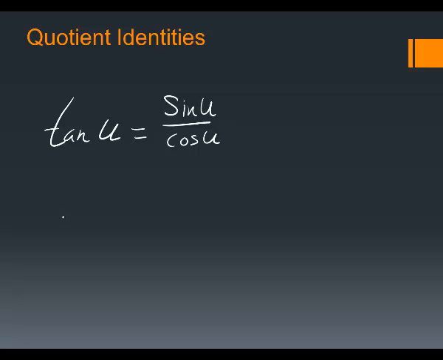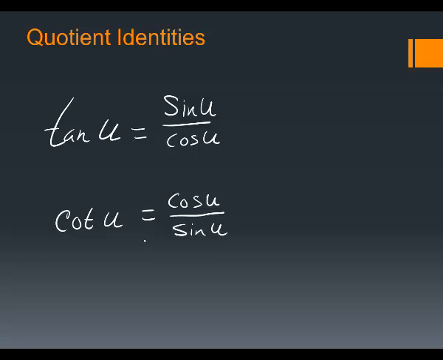And then we have cotangent of U, and that is the same thing but flipped, so it's going to be cosine of U over sine of U. So these are quotients. Quotient means dividing. And one of the things I'm going to say is that it's important to get things into sine and cosine to make it simple.